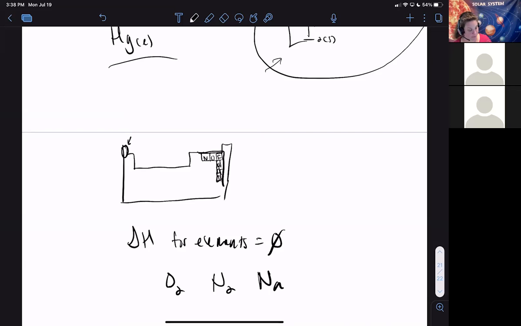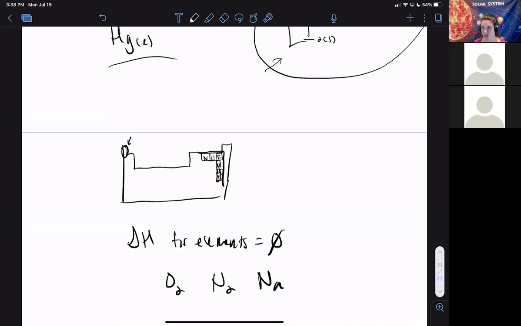So yeah, you should be able to write a formation equation. We are not really going to look at bond enthalpy problems until next module, chapter 8, module 12. So there will be nothing about bond enthalpies.